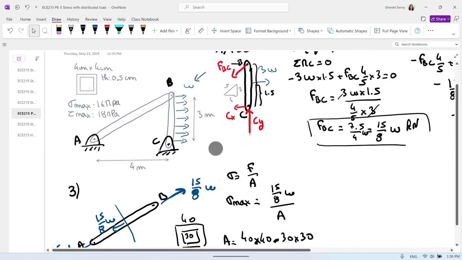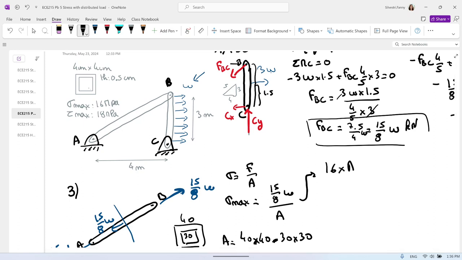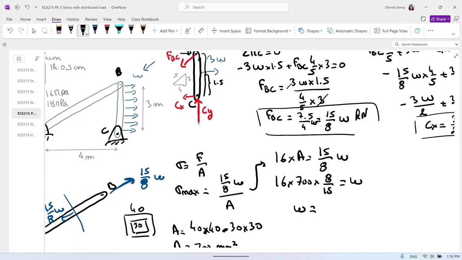So now let's solve for W. Sigma max is 16 megapascal, that is provided. So we have 16 megapascal times A equal 15/8 W. So we have 16 times 700 times 8 divided by 15 equal W. That gives us a max W of 5,973 Newton per meter, or 5.97 kilonewton per meter.